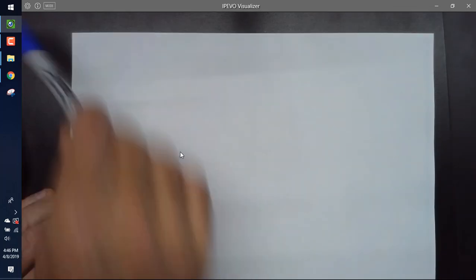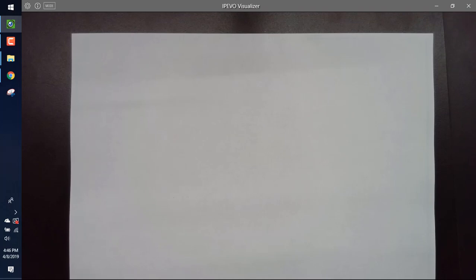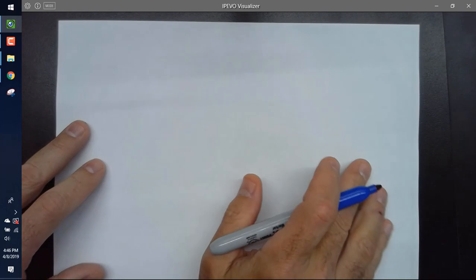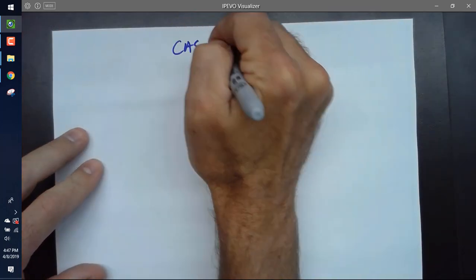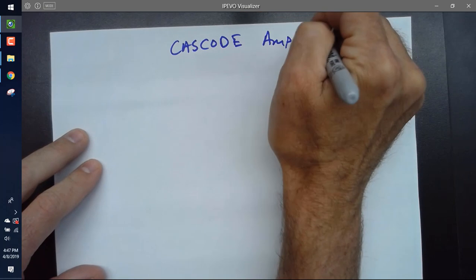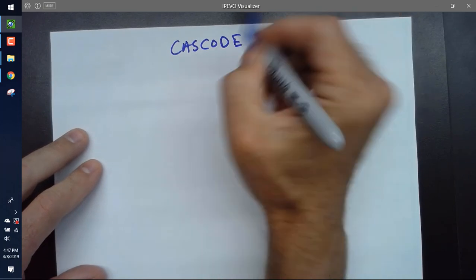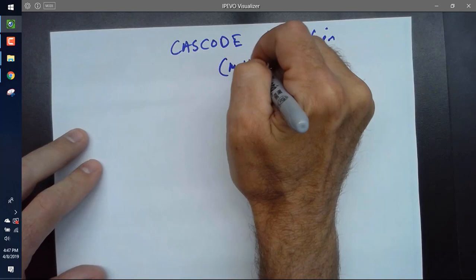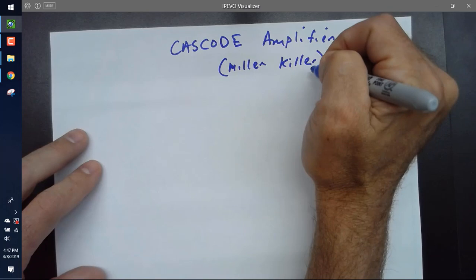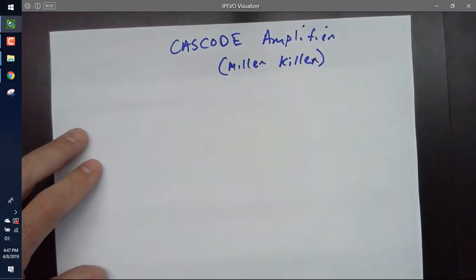Okay, so let's do cascode amplifier. And then we'll do our gain booster. And cascode amplifier is sometimes called the Miller killer. And you'll see why.